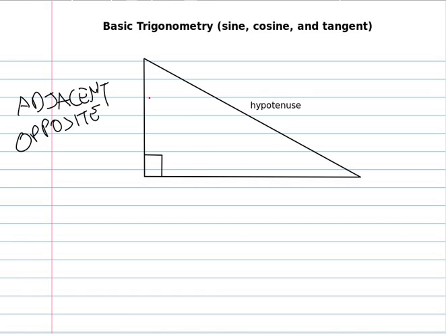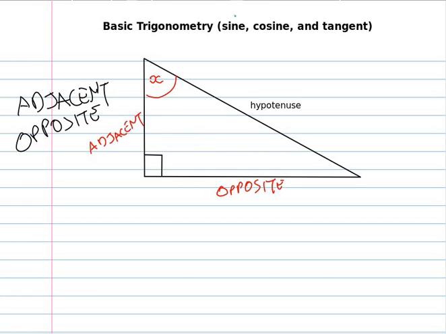Let's call this angle X. Okay, so for angle X, this side would be the adjacent, and that's because it's adjacent to the angle we're looking at, and this side would be the opposite because it is opposite the angle we're looking at.